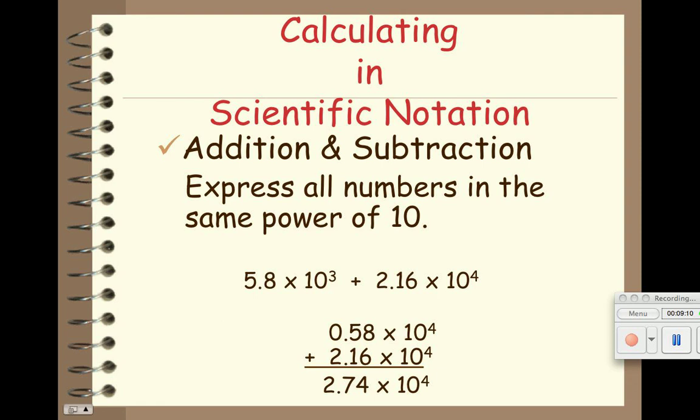So I would just move this decimal to 0.58 times 10 to the 4th, right? Because if I'm moving this decimal here, I'm multiplying by a factor of 10. And so I get 0.58 times 10 to the 4th, and then this stays as 2.16 times 10 to the 4th, and then I can just add the first factors together, and of course it becomes times 10 to the 4th.